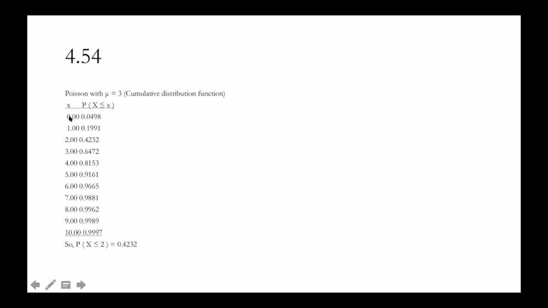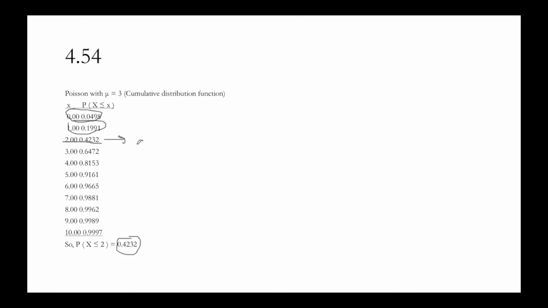So the probability that it will be 2 or fewer arrivals, then we take this number and this number, so all the numbers up to 2, and it will equal this, since it will be the cumulative probabilities, and we already adjust because we sum them up.